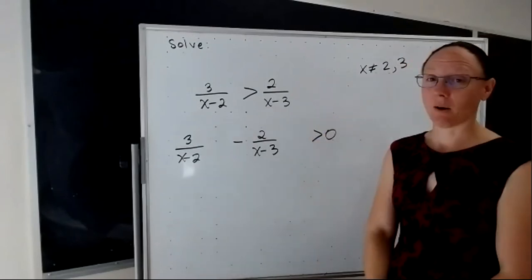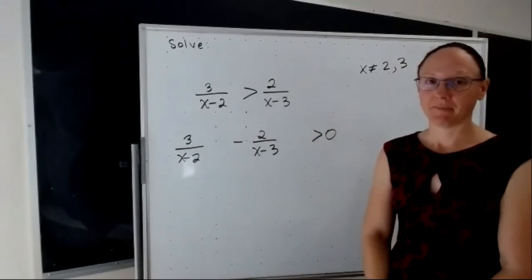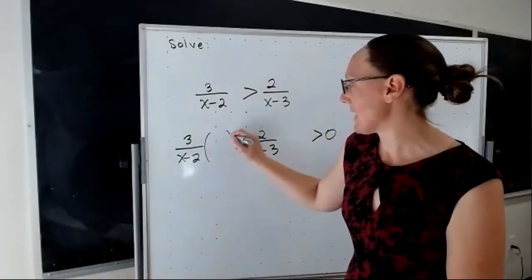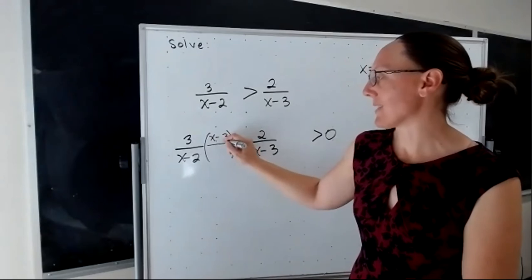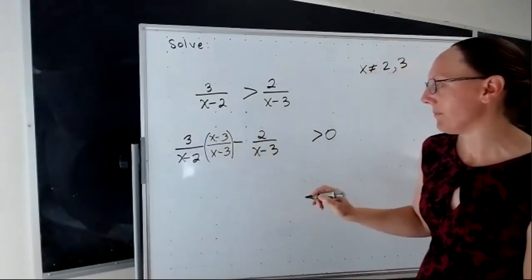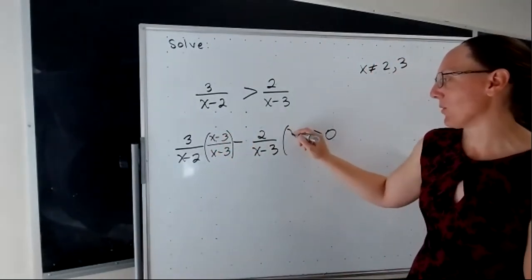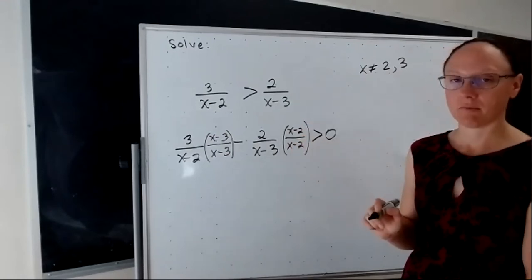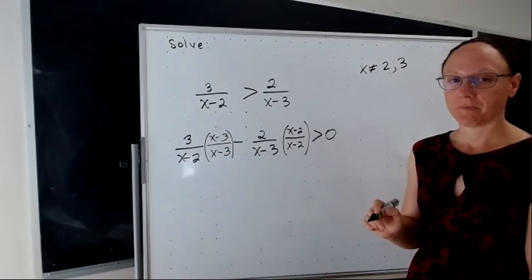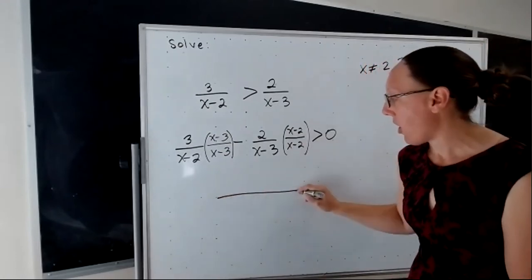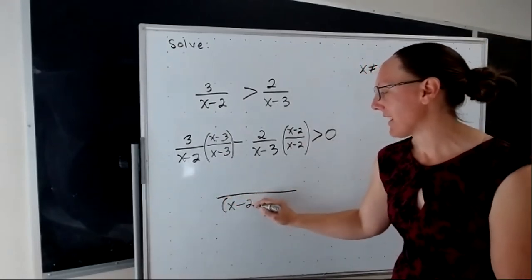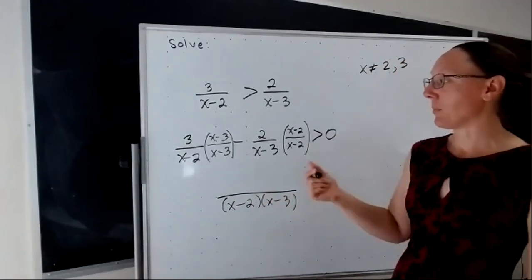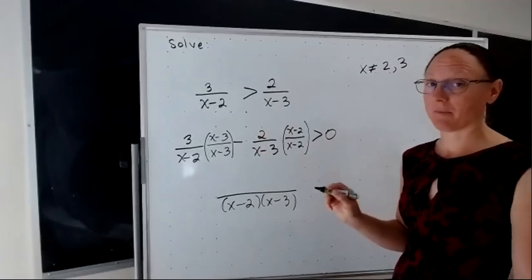But now I'm going to want to get a common denominator. And when I get that common denominator, that means this term has to be multiplied by x minus 3 over x minus 3, and this term has to be multiplied by x minus 2 over x minus 2. Now I have the common denominator of x minus 2 times x minus 3. And on top, we're going to carefully distribute things out.